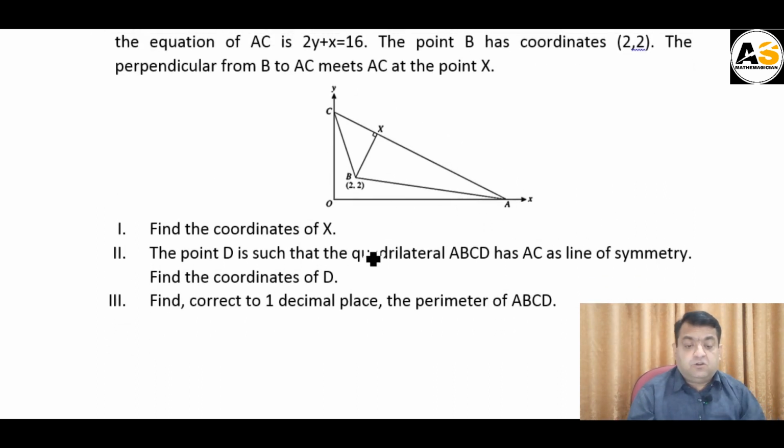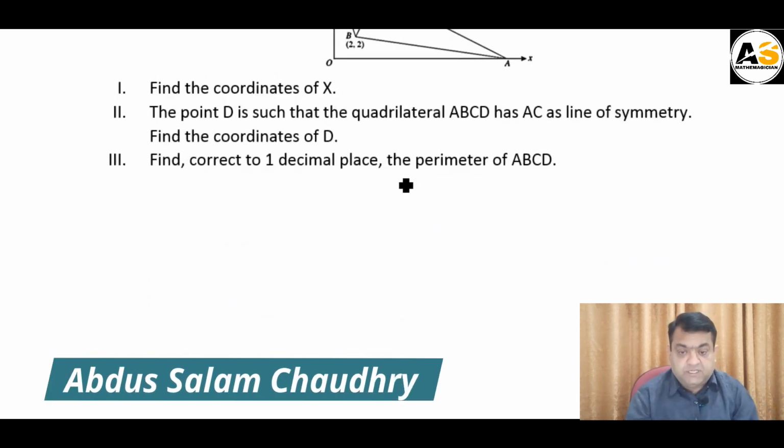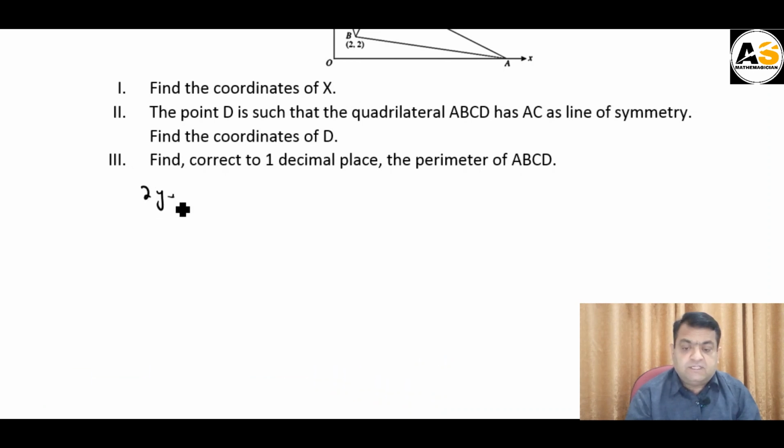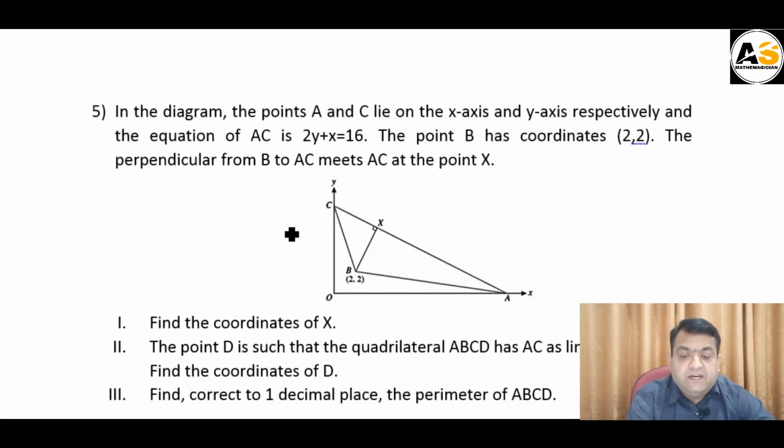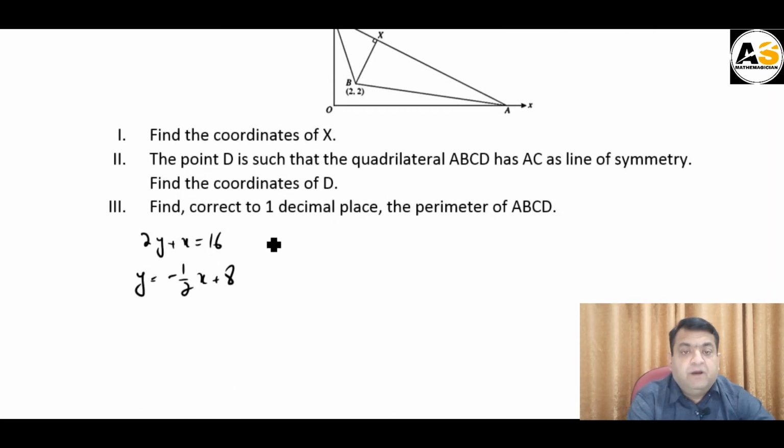So dear student, first of all, we need the equation of BX. Equation of AC is given. From the given equation, we see 2y plus x is equal to 16. y is equal to minus 1 by 2x plus 8. Okay, so gradient of AC is minus 1 by 2.